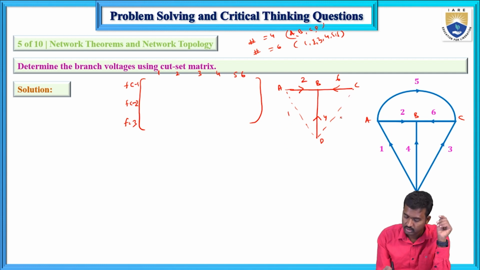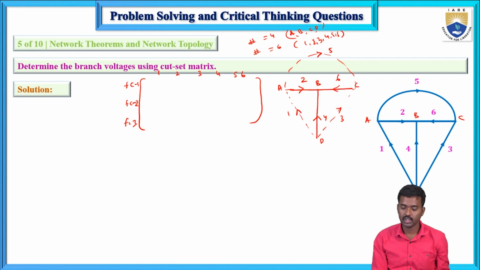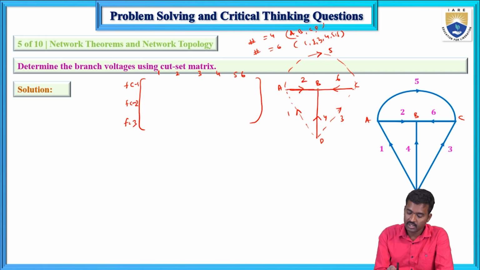So the links are 1, 3 and 5. Now here this is the actual tree. The dotted lines indicate the links and the solid lines represent the twigs. Tree branches are known as twigs.